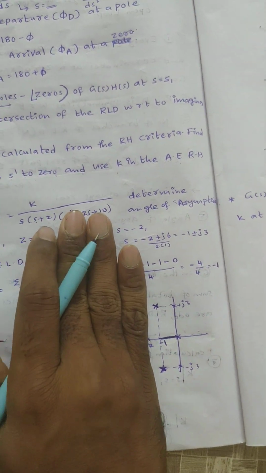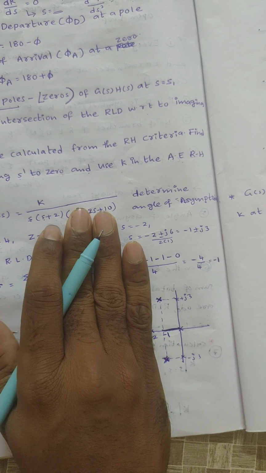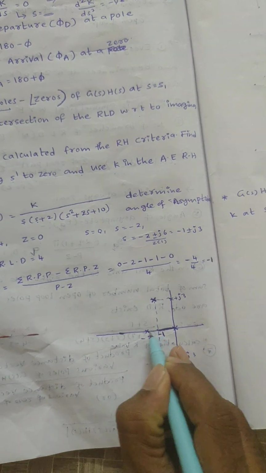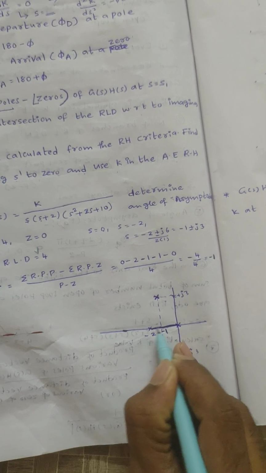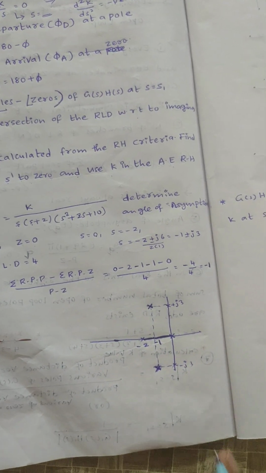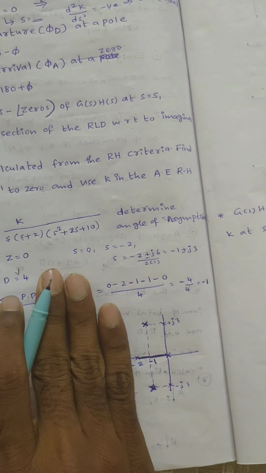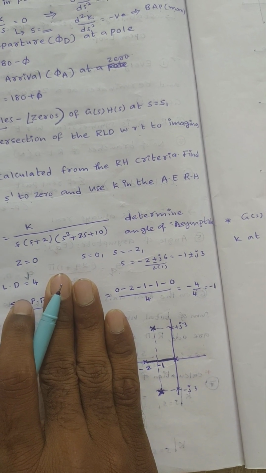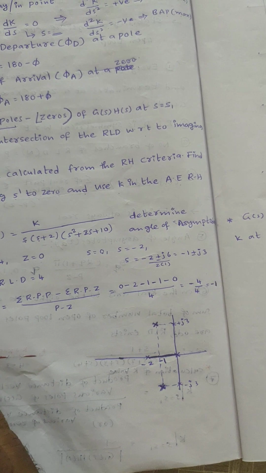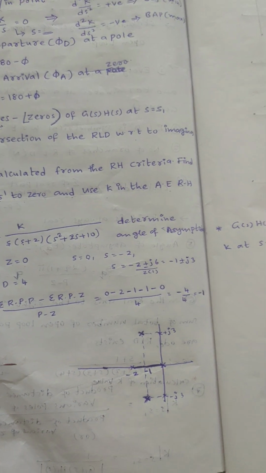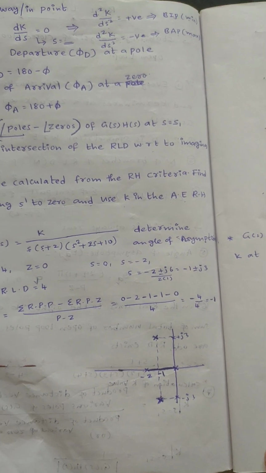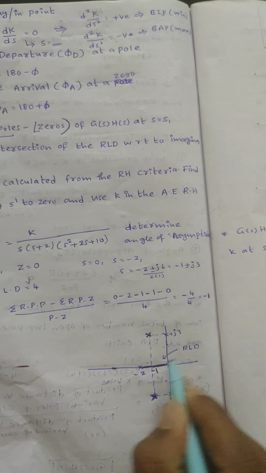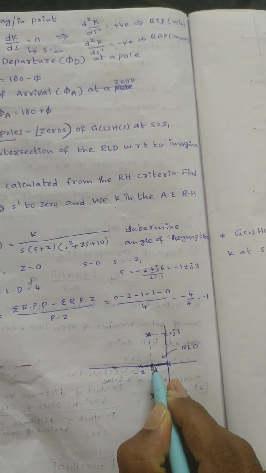If I go past this one, the sum will be even, so no root locus exists. In this way we can represent the root locus. The centroid is also marked at this point.